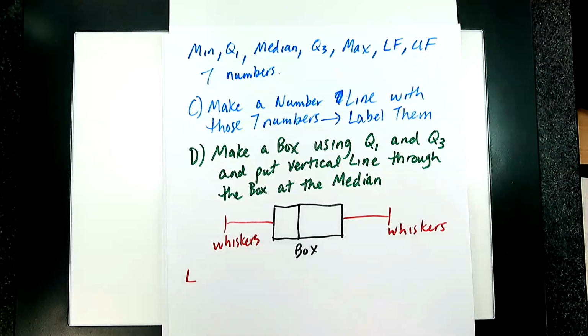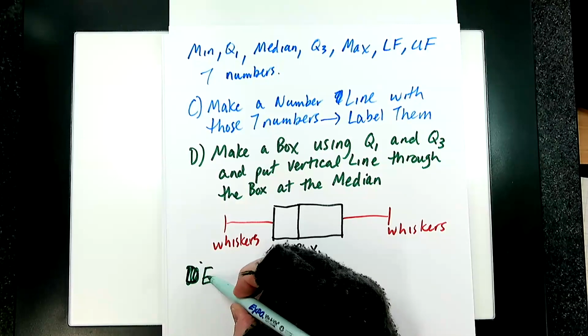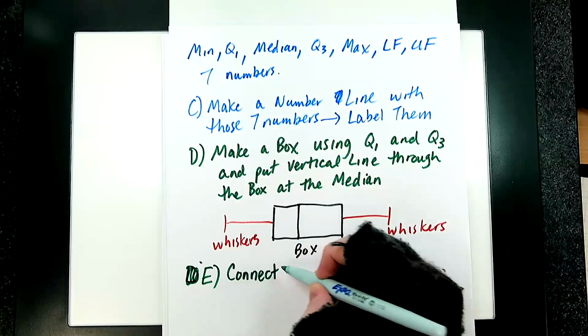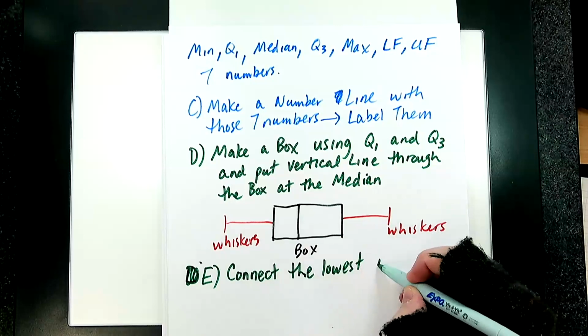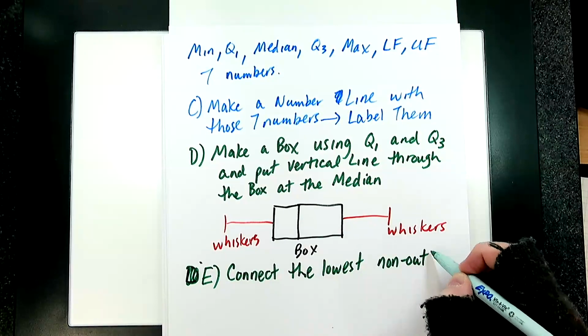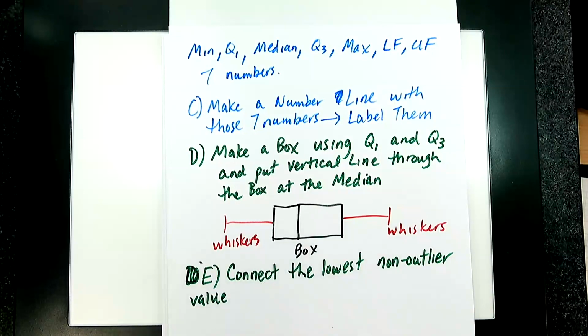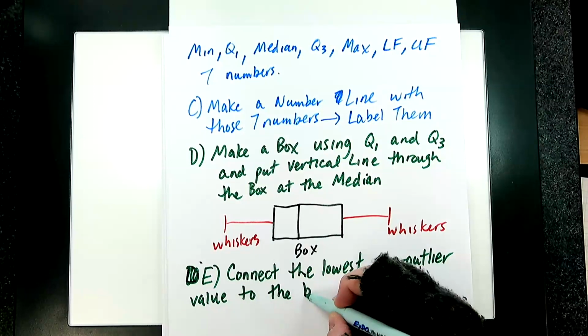So where we want to put the whiskers is, we're on E. Connect the lowest non-outlier value to the box with a line.